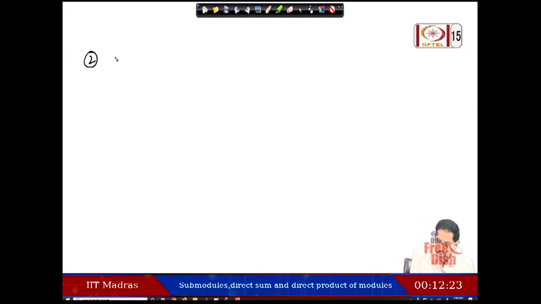Let us take R again as Z, and let us take M as Z squared, Z power 2. M is a left R module, it is clear.